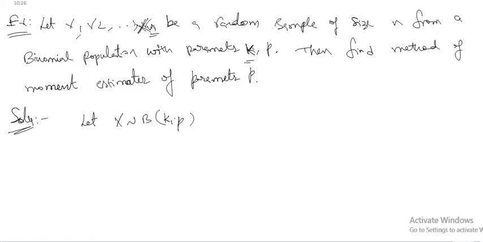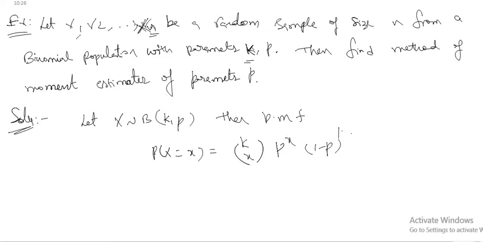Then the probability mass function is given by k choose x, p power x, 1 minus p power k minus x, x equals 0 and so on up to k. P lies between 0 and 1.